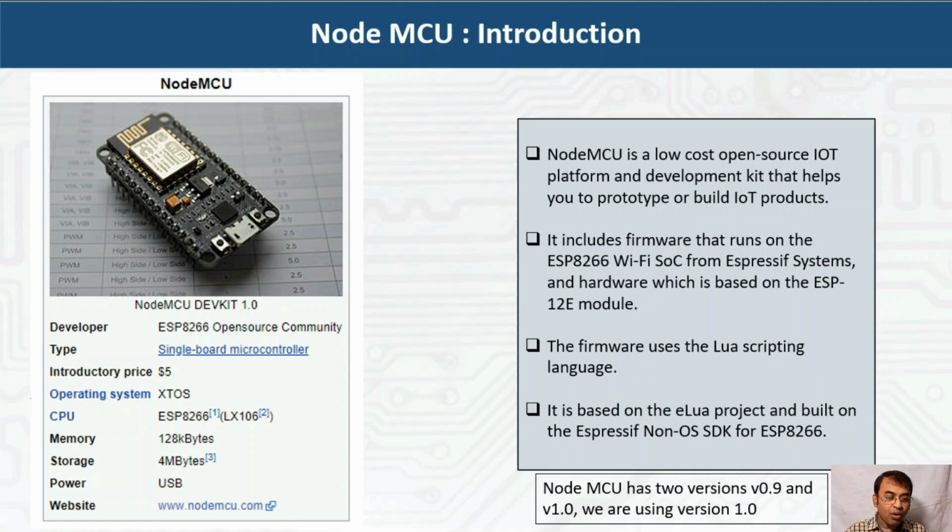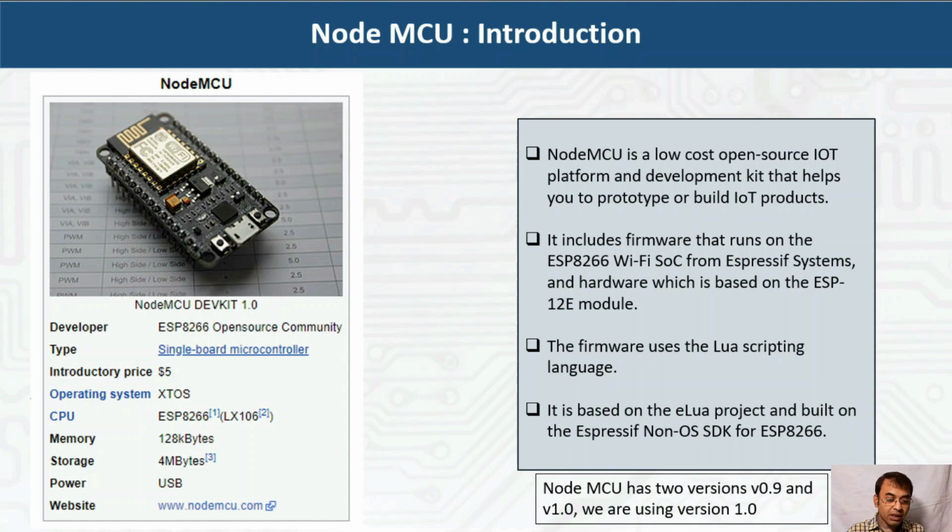NodeMCU is a low-cost open-source IoT platform and development kit that helps you to prototype or build IoT products. It includes firmware that runs on the ESP8266 Wi-Fi SoC, that is system on chip, and hardware which is based on the ESP12B module.